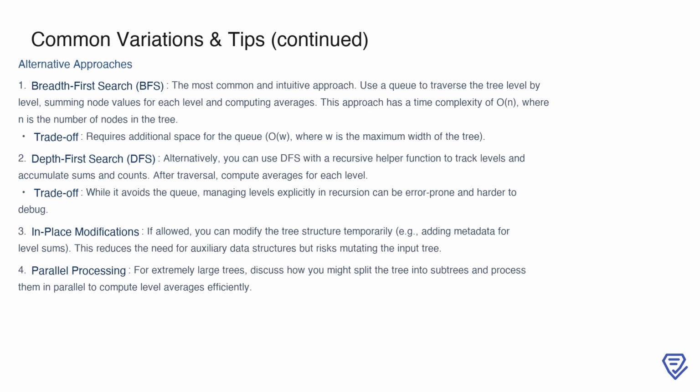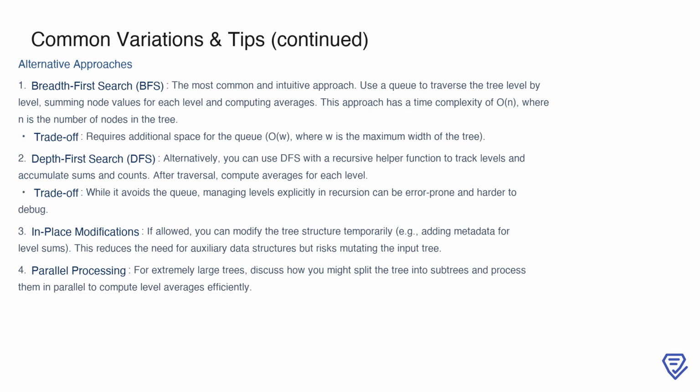If the problem allows, you could also consider in-place modifications to the tree, such as temporarily attaching metadata to nodes to store level sums. This can reduce the need for extra data structures, though it risks altering the input tree. Lastly, for extremely large trees, you might explore parallel processing. By dividing the tree into subtrees and processing them concurrently, you could compute level averages more efficiently, though this would require additional complexity in implementation.